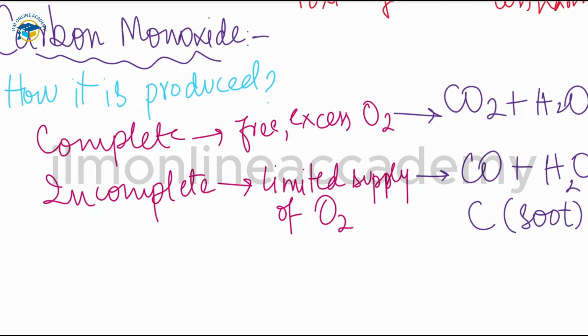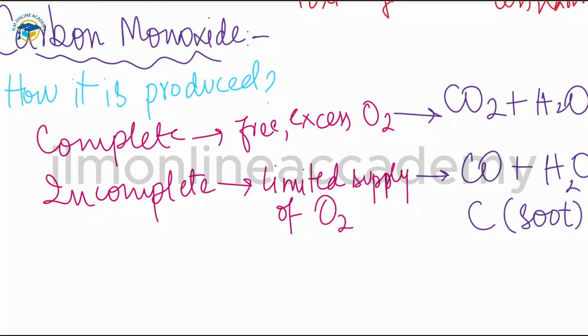Complete combustion is the type of combustion in which a fuel is burned in a plentiful supply of oxygen, and the complete combustion of hydrocarbon fuels produces only carbon dioxide and water. But in the case of incomplete combustion, when a fuel is burned in a limited supply of oxygen, hydrocarbon fuels produce carbon soot, carbon monoxide, and water.